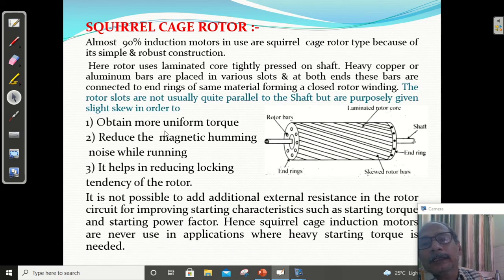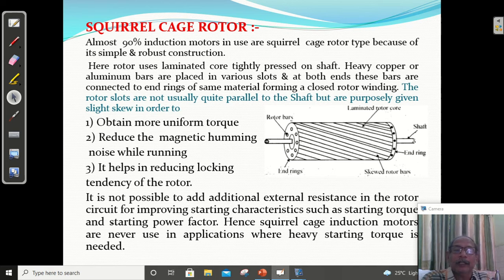Now, the squirrel cage type of rotor. 90% of motors in industry are squirrel cage type, 90%, because they are very simple and robust in construction. That is the reason we are using the squirrel cage induction motor.